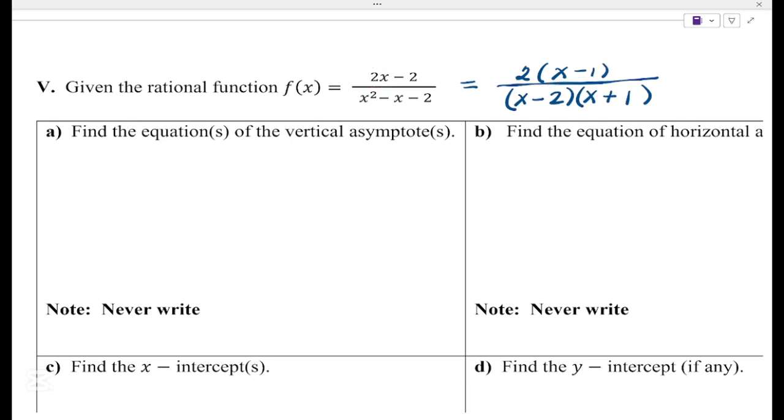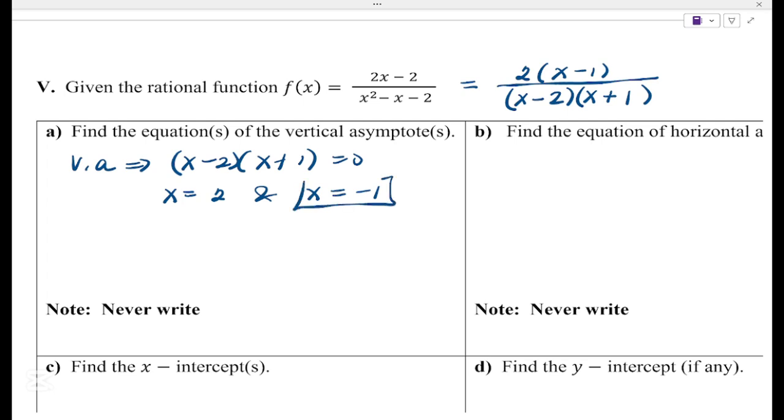So you can see that there is no common factor in the numerator and denominator, meaning there's no hole in this rational function. So we can directly get the vertical asymptotes, which are the zeros of the denominator. The vertical asymptotes appear when the denominator, x minus 2 and x plus 1, equals 0. And the values of x are x equal to 2 and x equal to minus 1. So these are the two equations of the vertical asymptotes.